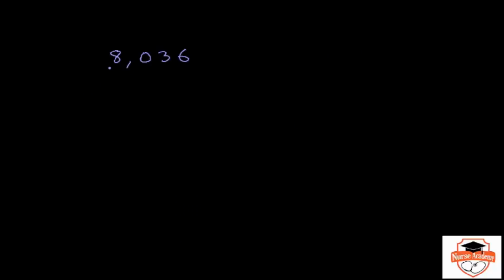8,036 divided by 4. Start from the left. Can 4 divide 8? Yes, of course. 4 times 2 is 8. Write the 2 over here on top of the 8. Multiply 4 with 2. You get 8. Subtract. So you have a 0 or nothing.